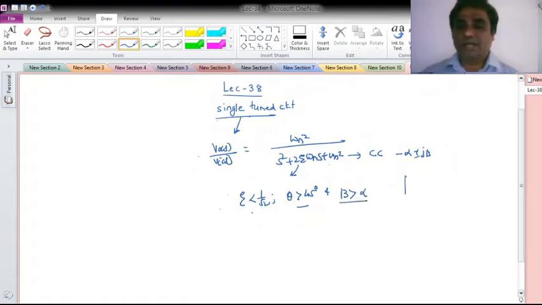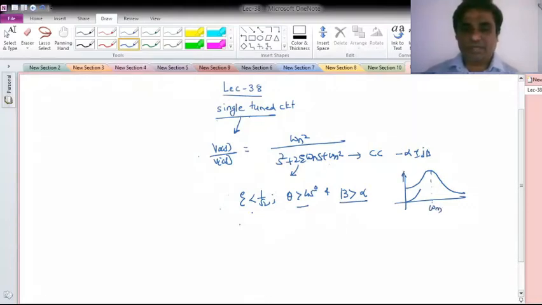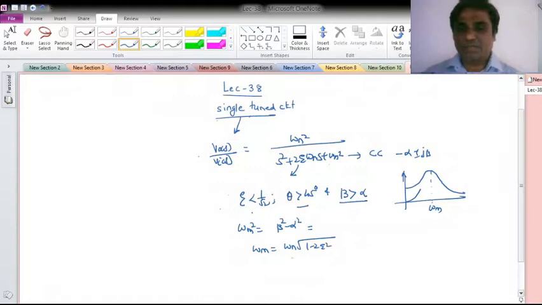Then only will I get the peaking. I am interested in that particular frequency, and we have seen that omega m square can be obtained as beta square minus alpha square, or in terms of zeta, omega m can be obtained as omega n into square root of 1 minus 2 zeta square.